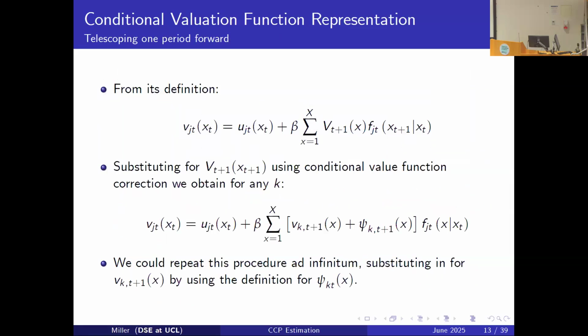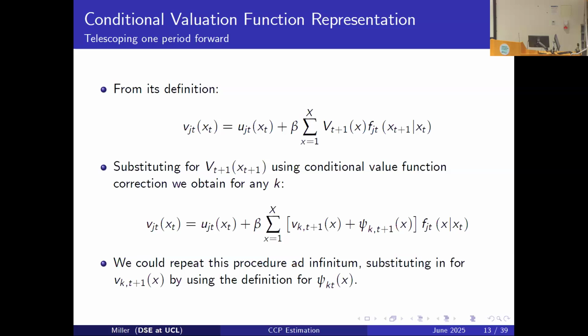So this is going to lead us into actually identifying, or at least representing, the conditional value functions. So what we got here is the conditional value function is the utility plus the discount factor times the continuation value of next period, as before, all right?